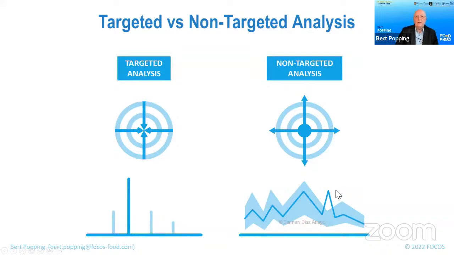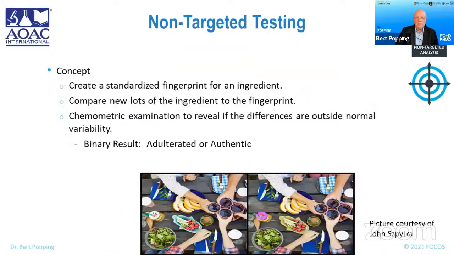This is why there is a need for non-targeted analysis, because there's no other method available right now that allows you to detect across-the-board changes to a product. AOAC has formed a food fraud task force with three groups: one for targeted testing, one for DNA, and one for non-targeted testing, led by John Spilker.